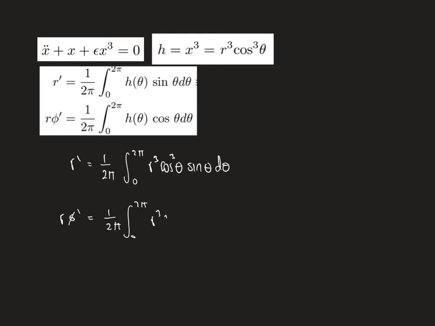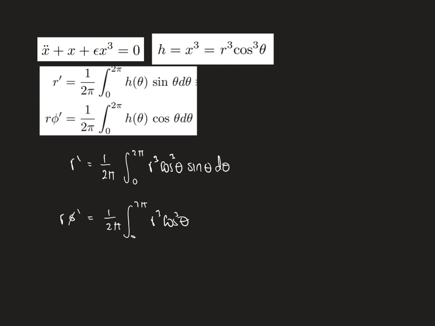So we just need to replace h here again. So r prime is equal to 1 over 2 pi, integral from 0 to pi, r cubed cosine of theta sine of theta d theta, and r phi prime equal to 1 over 2 pi, integral from 0 to pi, r cosine of theta.